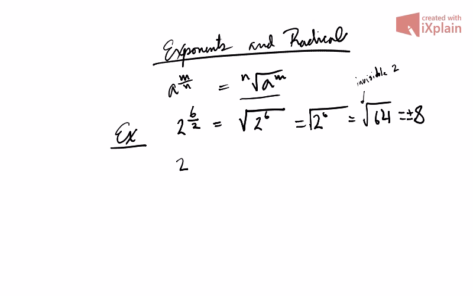Now, 2 to the 6 divided by 2 is 2 to the 3, which is 2 times 2 times 2, which does give you 8. I agree. However, if you're not careful and you forget that because the index is even, you'll forget this negative.